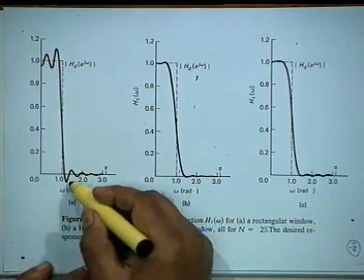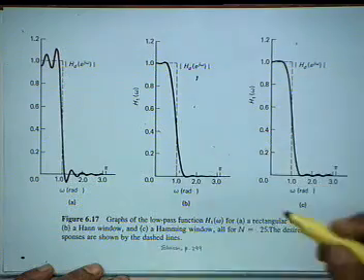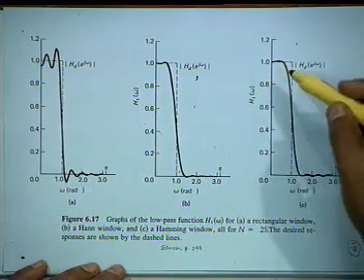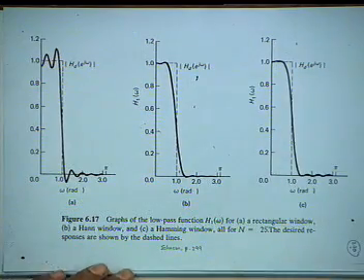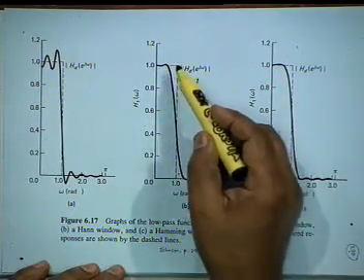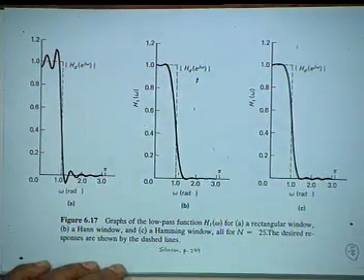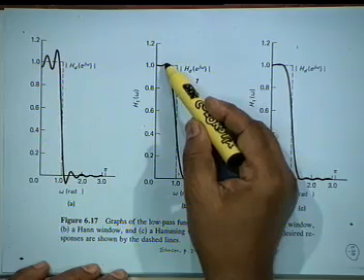Similarly, here also it will go down by 17%, whereas this is not the case here. And you see, in the Hamming window, the pass band ripple is hardly discernible. You also notice one thing, that it is not quite true that the maximum amplitude has been normalized to unity. There is a slight deviation.